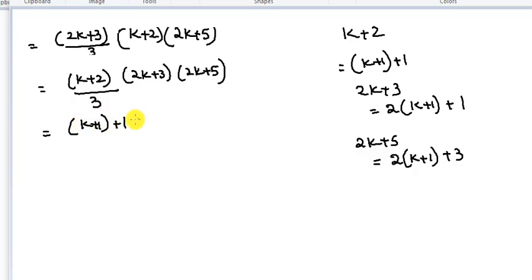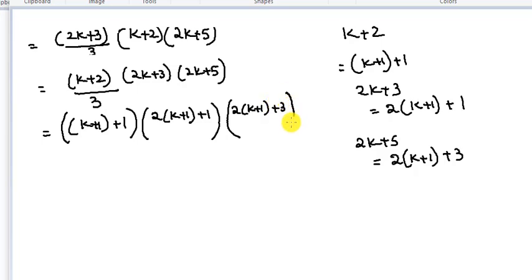plus 1, right? I'm going to put a big parenthesis for that. And 2k plus 3 is 2 times k plus 1 plus 1, right? And 2k plus 5 can be written as 2 times k plus 1 plus 3, divided by the whole thing divided by 3.